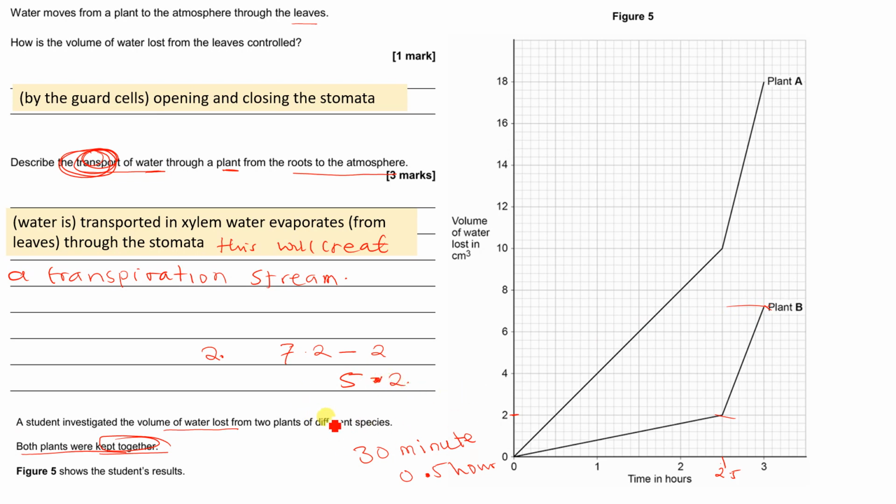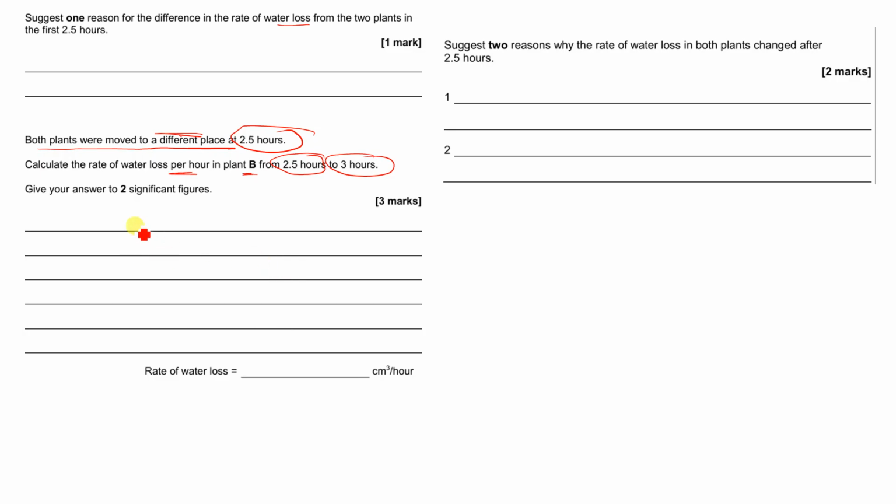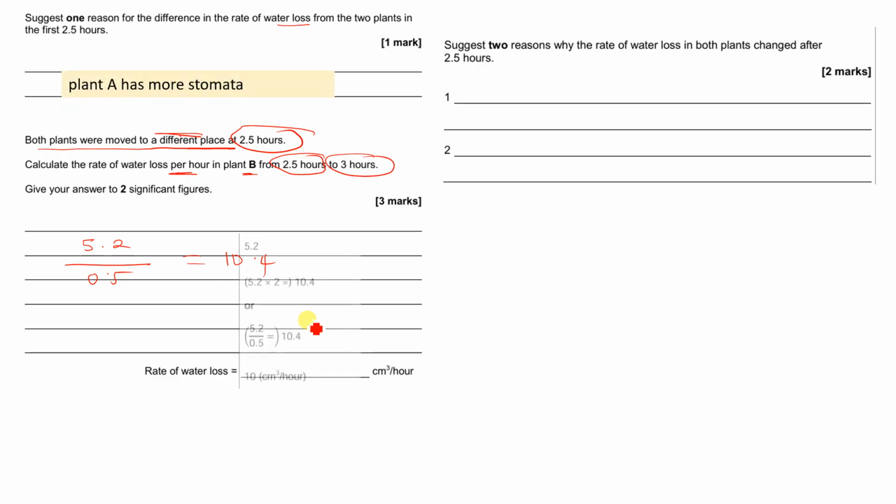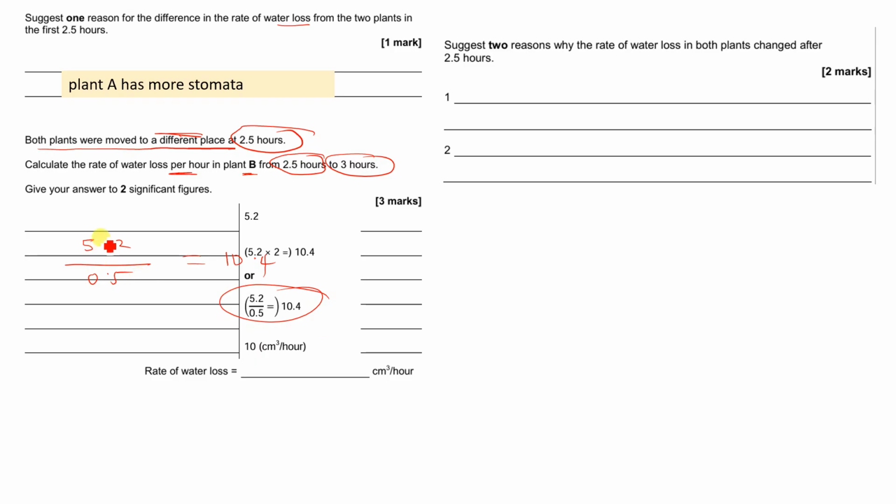Now to calculate the rate, it's simple. 5.2, because you are looking at per hour, divide by 0.5, which will give you about 10.4. So 10.4 centimeter cube per hour. That should be the answer. Let me see. Yes, we have 100 divided by 10.4. To two significant figures, it is not up to 5, so you leave it as 10. You cannot approximate. Now, suggest 2 reasons why the rate of water loss in both plants changed after 2.5 hours.